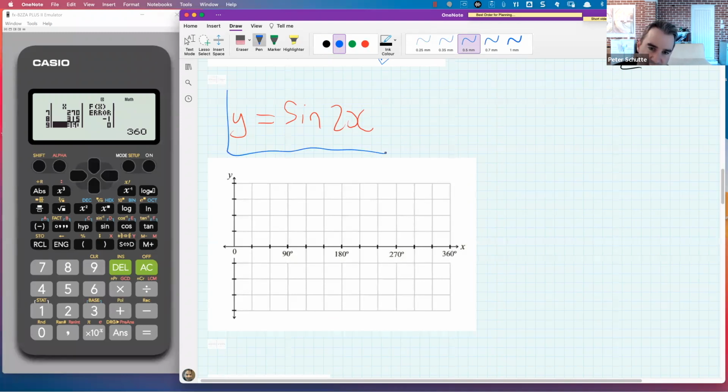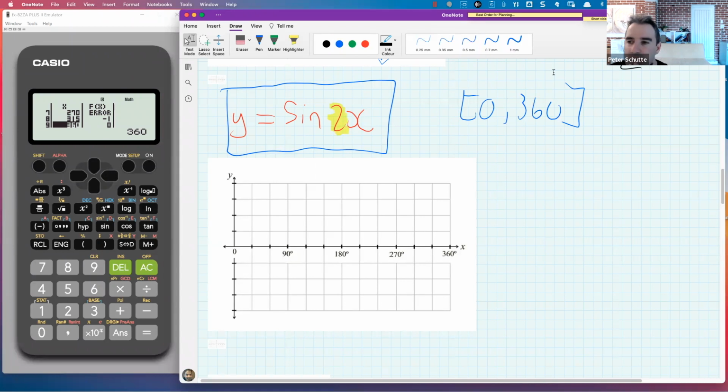Now that is a shift, or it's not a shift actually, it's something else. But what does this 2 do to the graph? Does anybody know? Because I'm going to try and draw the graph of sine 2x now on the domain 0 to 360. Can we unmute Teddy?